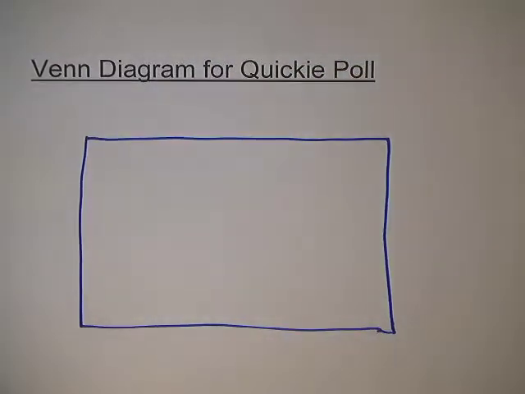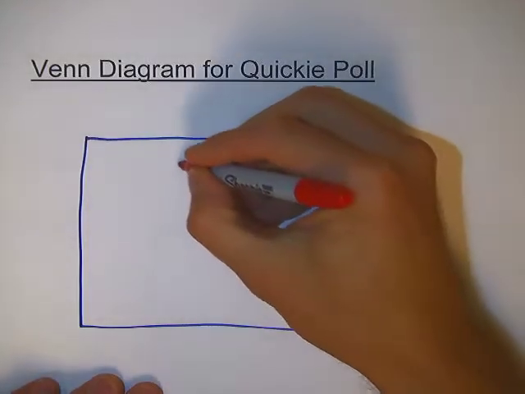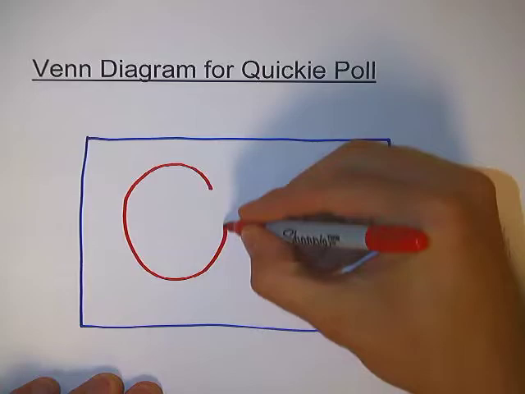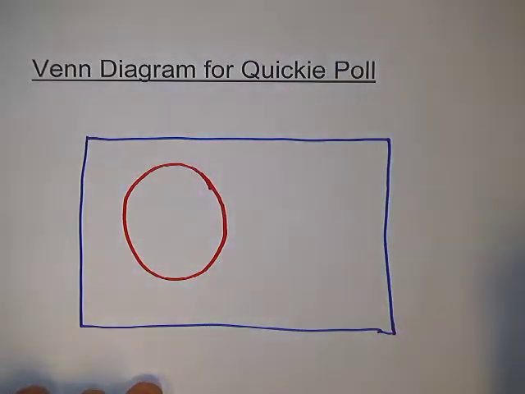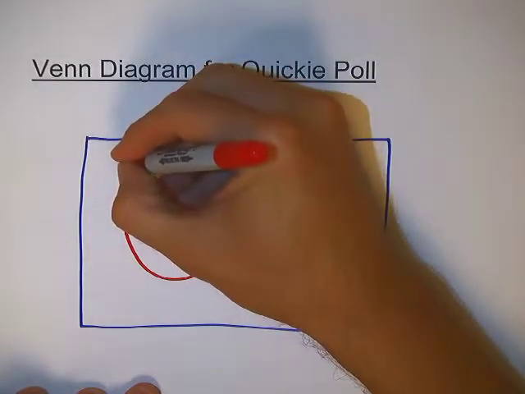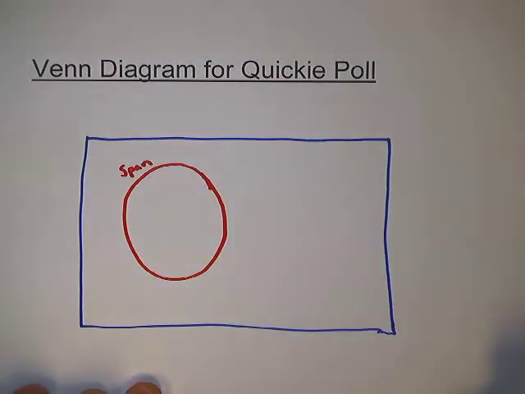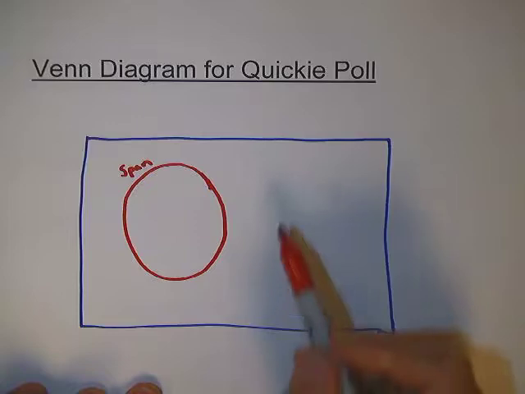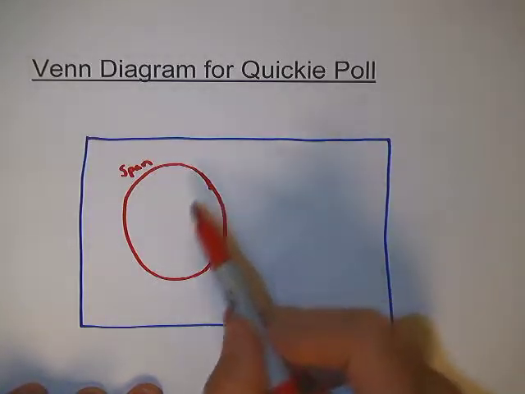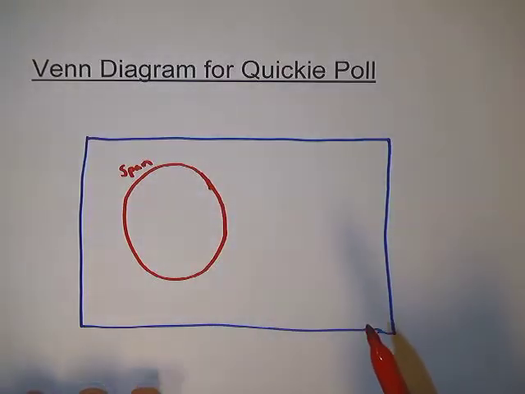Then I'm going to have two circles here, which are going to represent two different sets. This set is going to be the people in favor of trading Denard Span. Now I'm going to draw another circle that represents the people that would like to trade Josh Willingham.